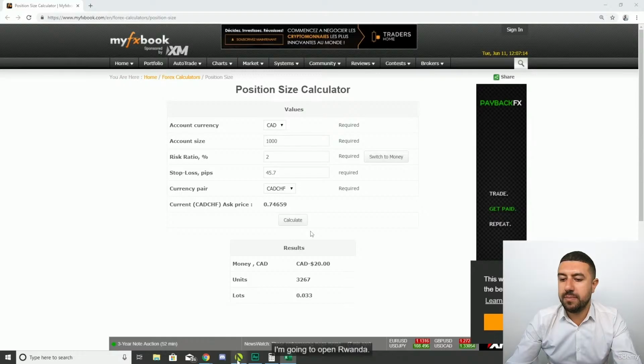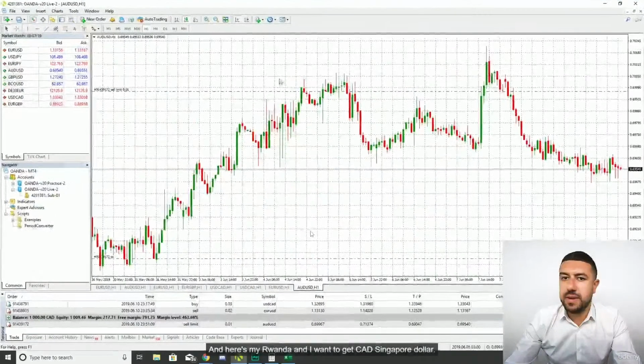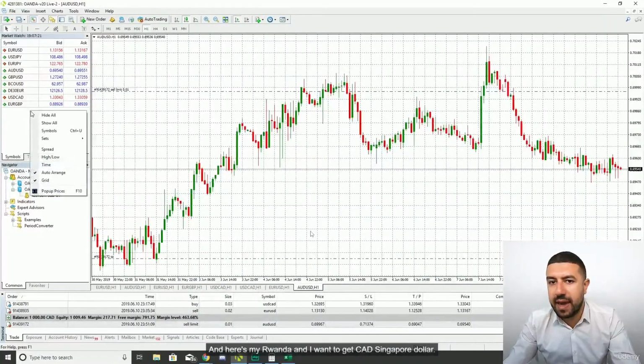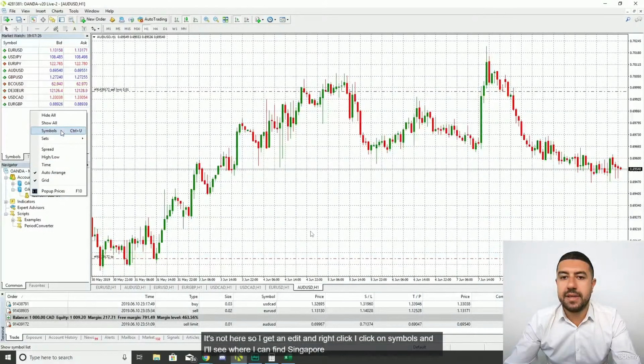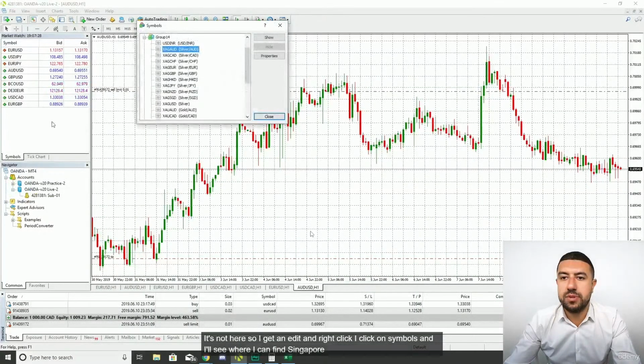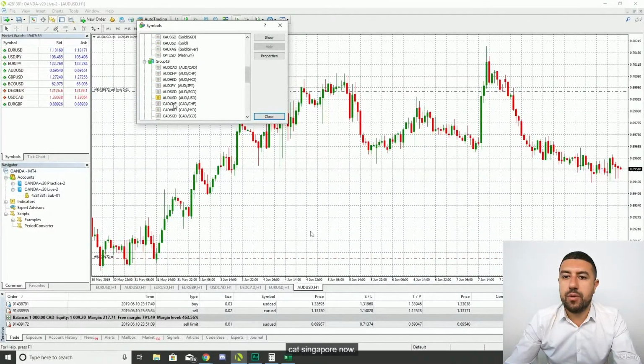I'm going to open Oanda, and here's my Oanda, and I want to get CAD Singapore dollar. It's not here, so I gotta add it. I'll right click, click on symbols, and I'll see where I can find Singapore here, CAD Singapore. Now, it's here. I could just add this whole group, or I could add currency by currency. You know what I'll do?